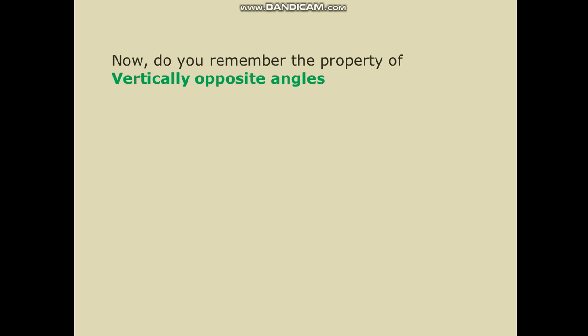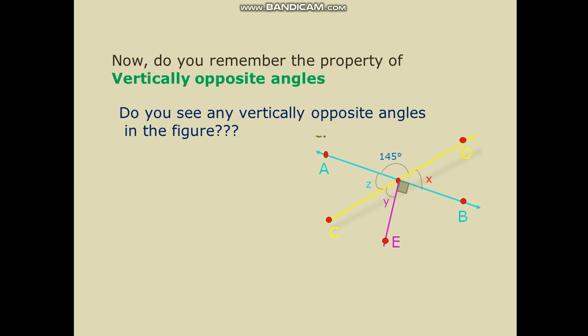Now, do you remember the property of vertically opposite angles? Do you see any vertically opposite angles in the figure? After finding angle x, I can see that angle z is vertically opposite to angle x. So angle x and angle z are vertically opposite angles.